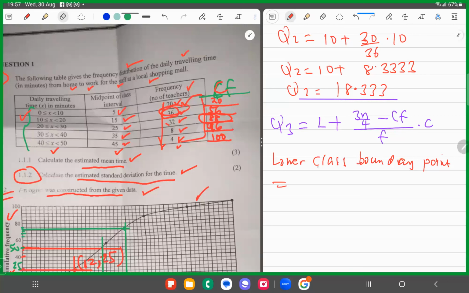Right, so what is the lower class boundary point? The lower class boundary point is going to be exactly for the class 20 to 30. The lower class boundary point, now we call that L. L is 20.